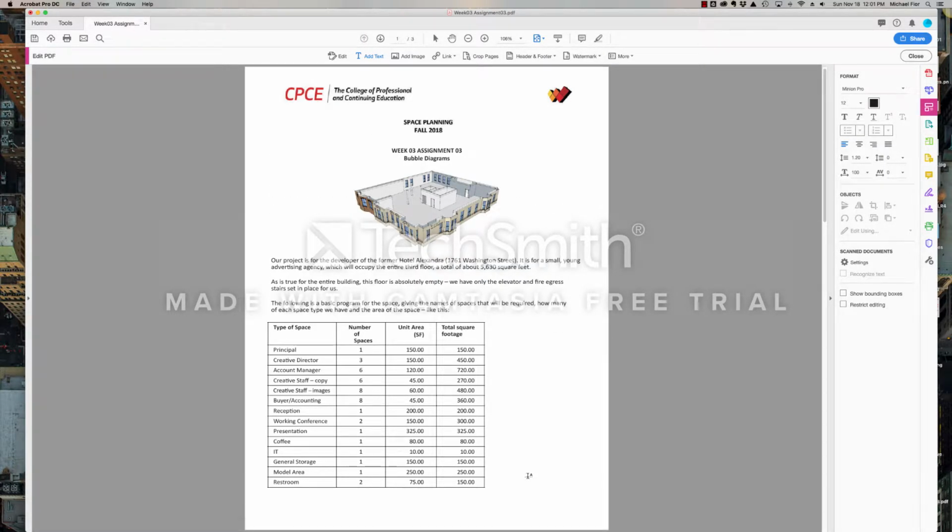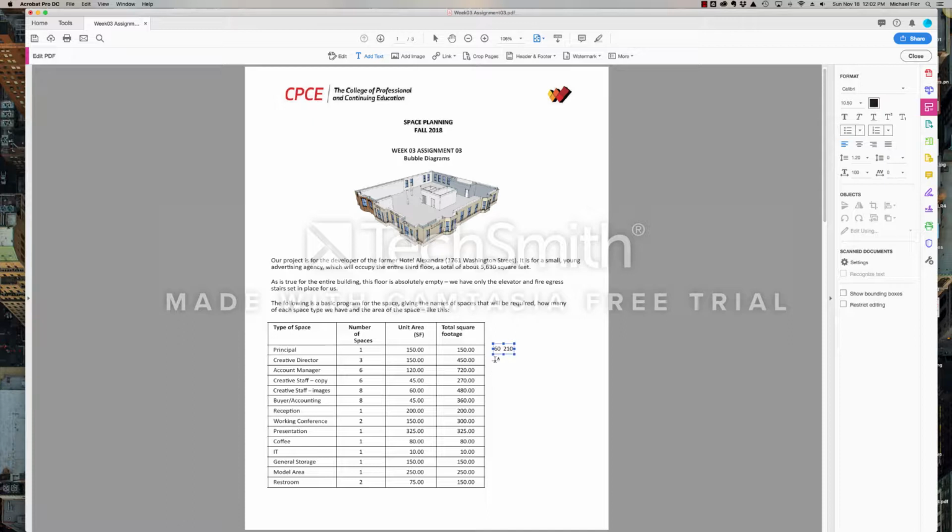Here we have the principal at 150 square feet. I am adding a 40% circulation factor. That means I'm adding in another 40% of that number, or 60 square feet, for corridor space that I have not yet planned. Therefore, when I draw the block that is going to represent the principal, that block has to be 210 square feet in order to include both the space for the office and the access space to reach the office.